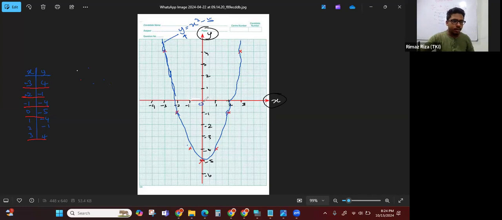Here the x-axis is 0, so above 0, all these values up to plus infinity are positive. Below 0 is negative. So this graph has positive values in this range, and the negative values are here. In this range, the graph has negative values.